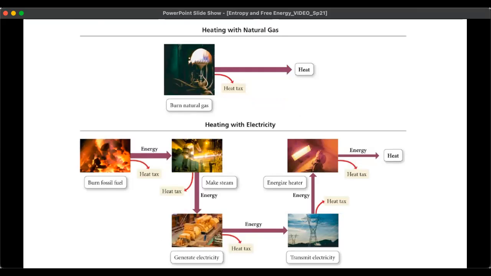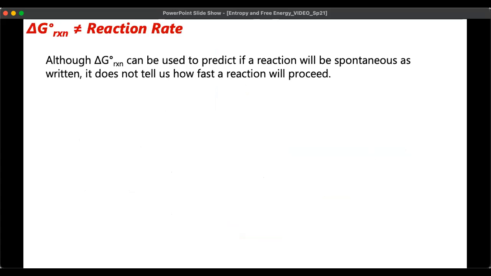So when we burn a fossil fuel to make steam that we use to turn turbines, that we use to then generate electricity, which has to be transmitted, and then come to your house and turn on your heater, we pay a heat tax at every single step, and it becomes less efficient. So this is why it's important to know about thermodynamics.